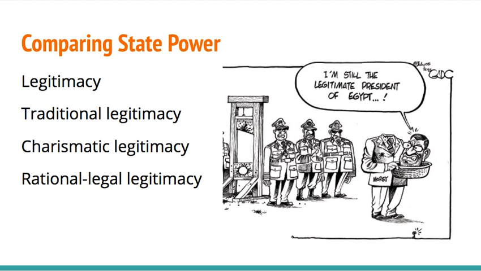In many authoritarian dictatorships, you have a leader who has legitimacy because they are charismatic, or they have charismatic legitimacy. And they have this because of the force of their ideas and the presence of the leader.